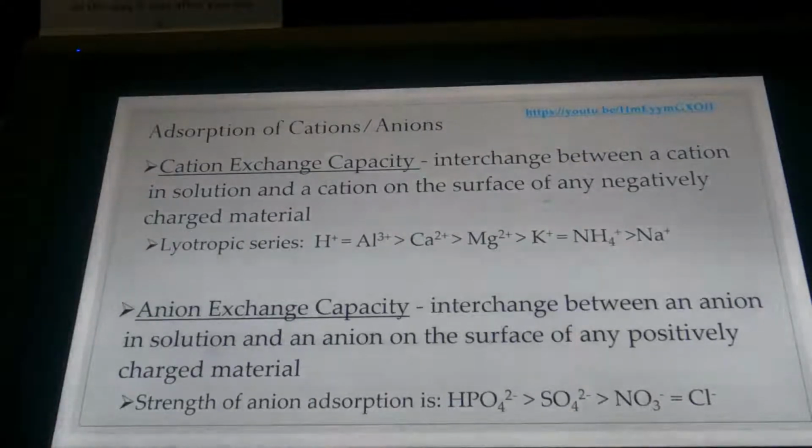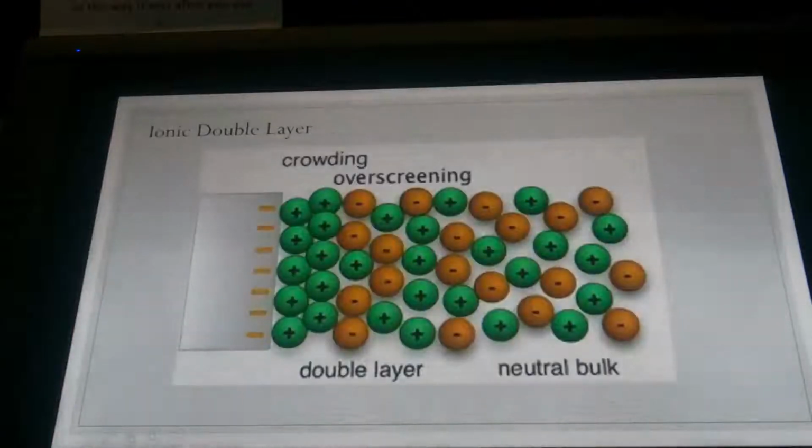But hydrogen bonding is one of the strongest bonds that we can have. So mostly just that aluminum, calcium, magnesium, potassium and ammonium are kind of the same size and the same charge, and they also have a very similar hydrated radius. So those two in this ionic double layer might switch for each other easily.